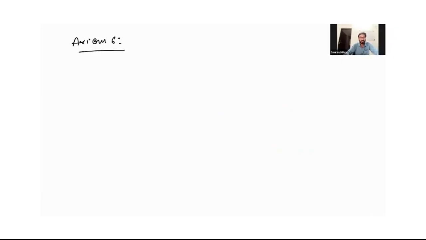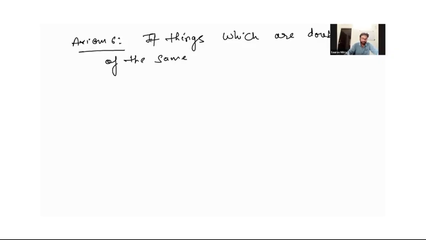What is axiom 6? Things which are double of the same things are equal to one another.